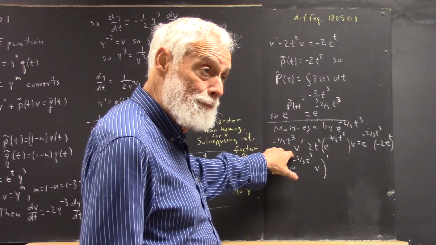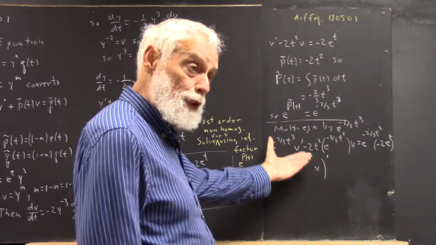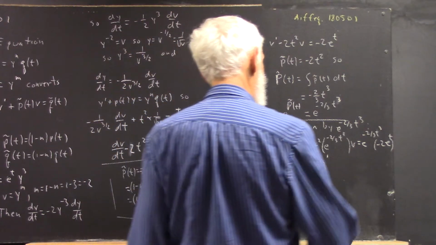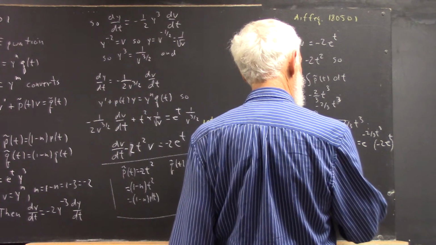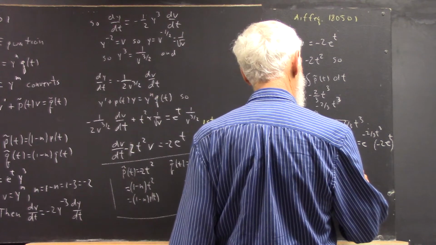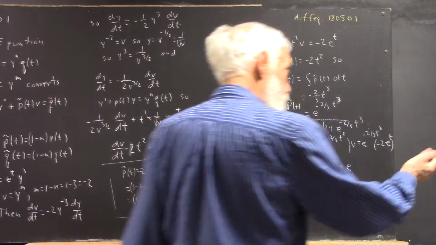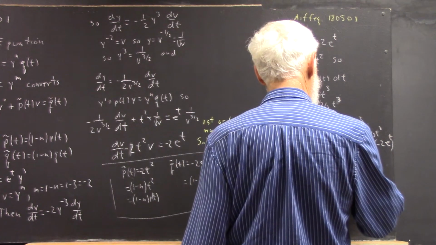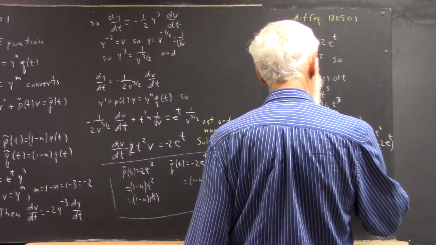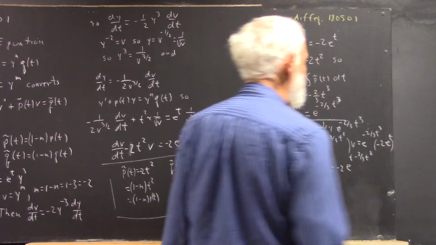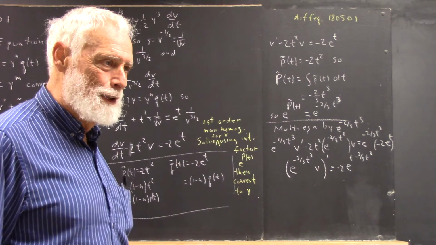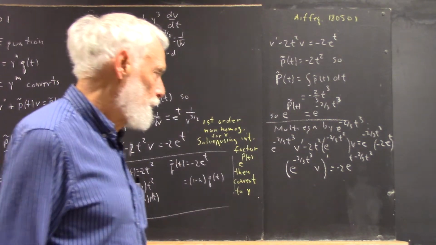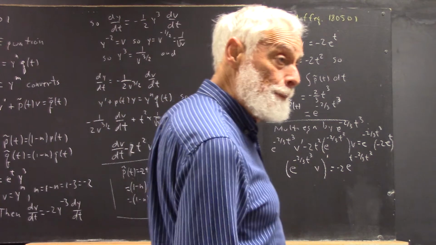So it's easy to check that out. And this equals negative 2e. Now I can combine the exponents. It's going to be e to the t minus 2/3 t cubed, which I don't believe we get any way of integrating.